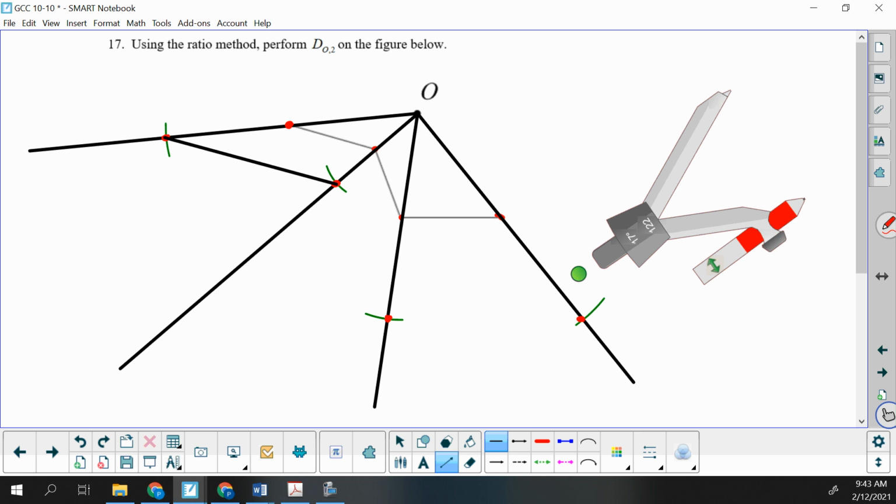So this one connects to there, that one connects to there, and that one connects to there. And we've now dilated our original figure with a scale factor of 2 centered at O.